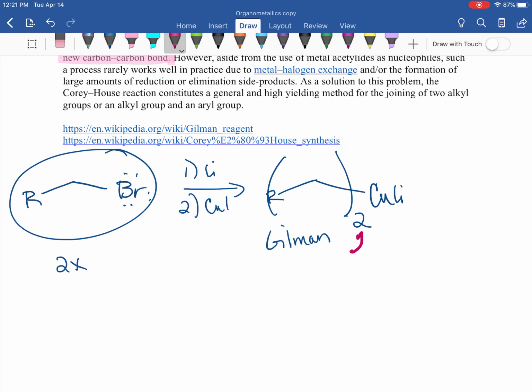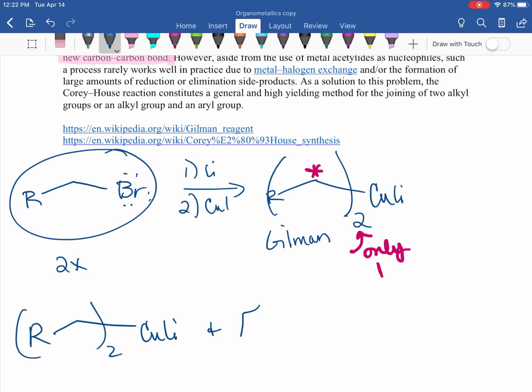Now, out of this whole complex mixture, only one reacts, one stays on your copper, and then the carbon you react is right here. So now you can mix it with any other alkyl halide. In fact, let's mix it up a little bit.